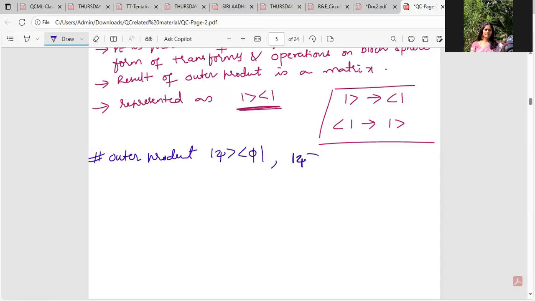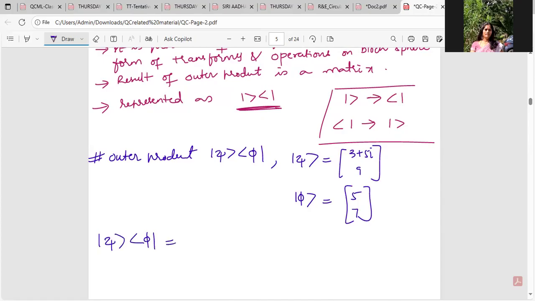Ket xi is nothing but my 3 plus 5i and some 9 that I've considered in the previous video. You can just check. Ket phi, of course, is nothing but 5 and 7. Okay. How do I find the outer product? Let's see, so that there are no doubts when I use this notation.